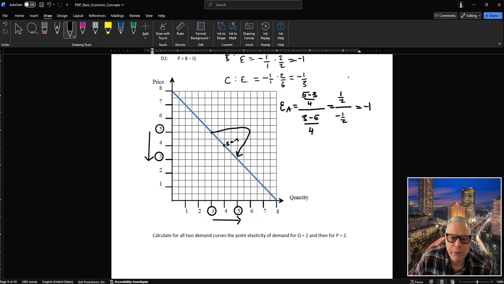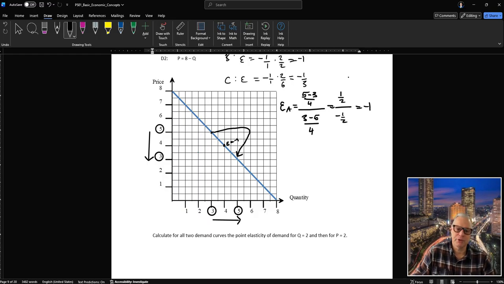So what is now important is whenever you calculate the arc elasticity, the midpoint of the arc gives you the same point price elasticity of demand. So the arc goes on the curve from 5 to 3. If we take the midpoint, the price of 4, then we get the point price elasticity of 1, which is the same as the arc elasticity if we make it symmetrically around that point.